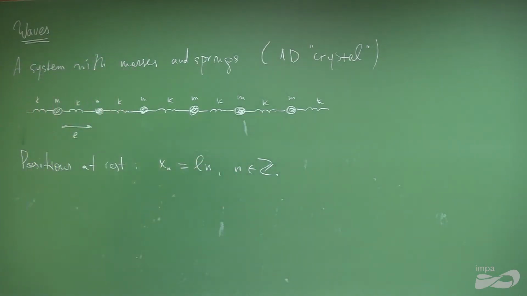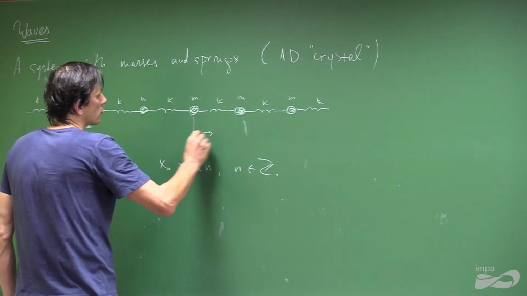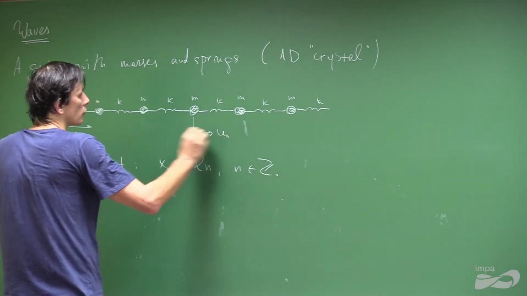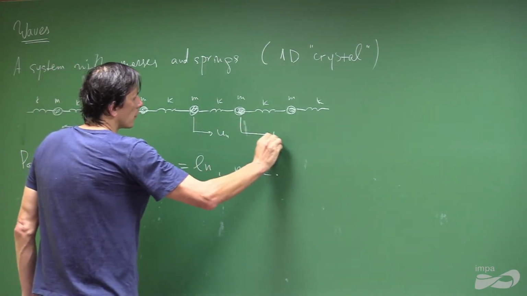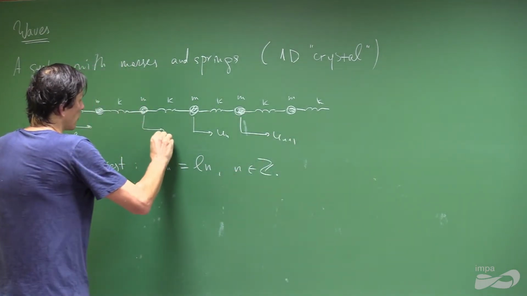And then if they start moving, we will define the motion relative to rest by the variable u_n. u_{n+1}, and so on, u_{n-1}.